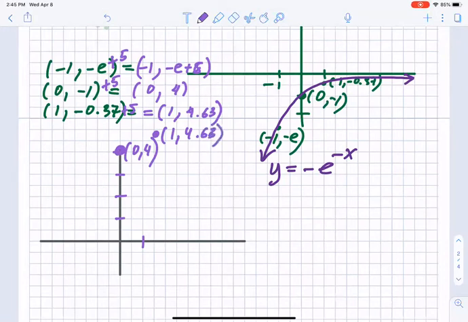And the next one we set -1 and -e plus 5, around here.